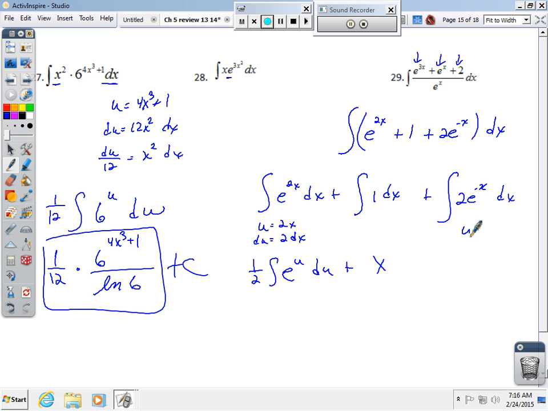And then the u substitution for this is going to be e to the negative x.